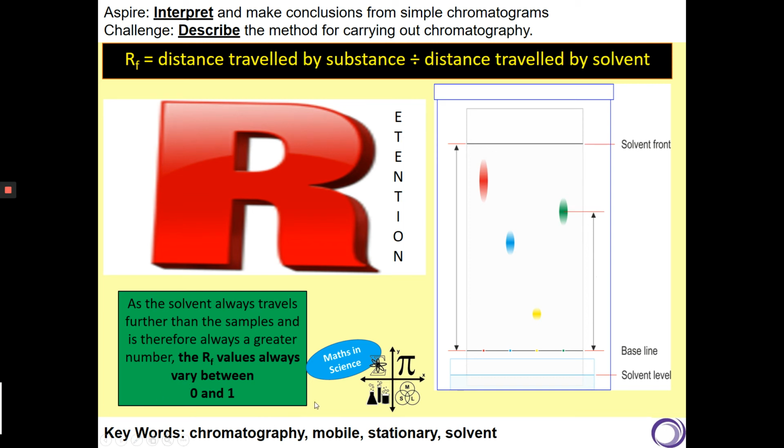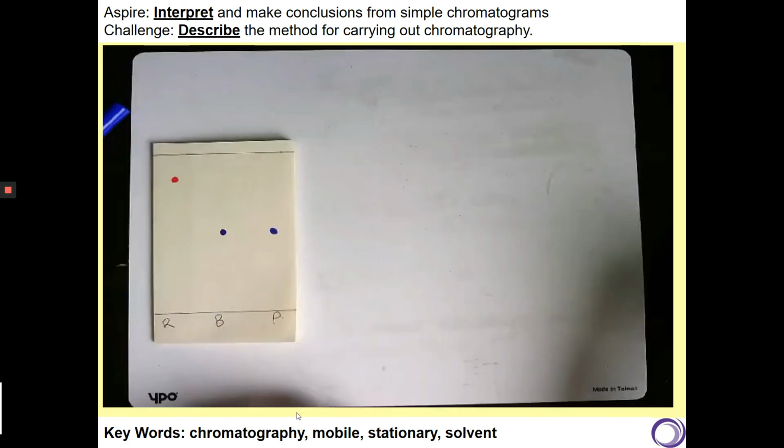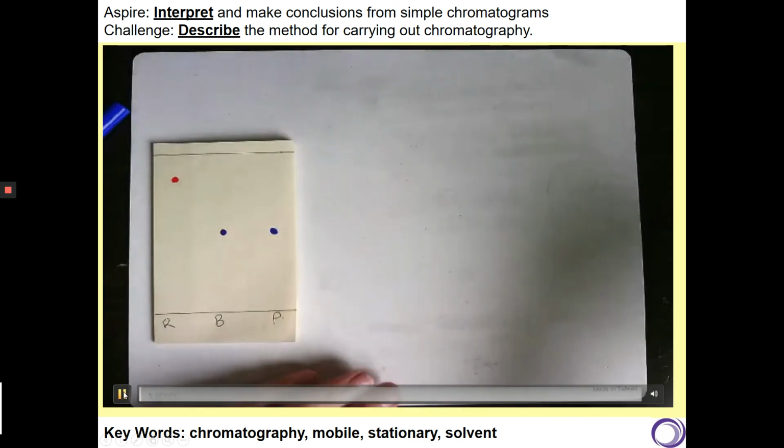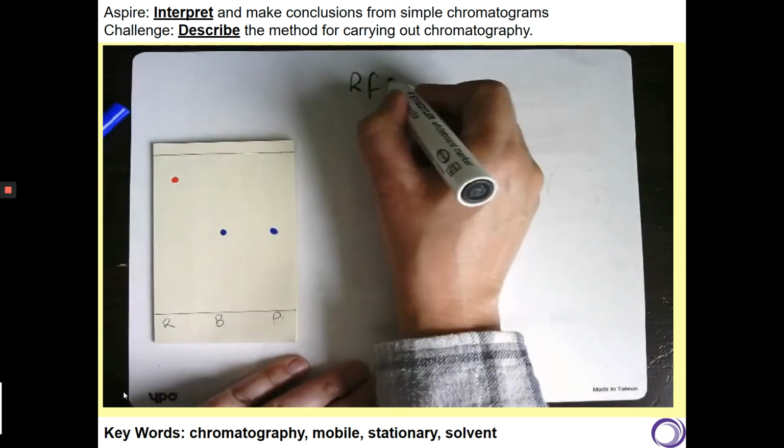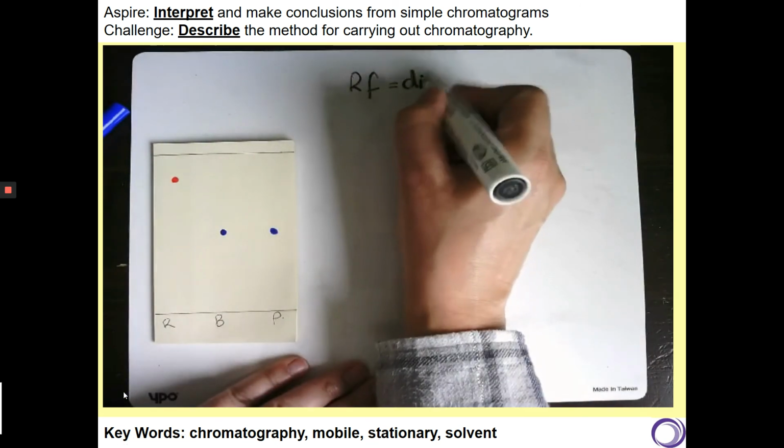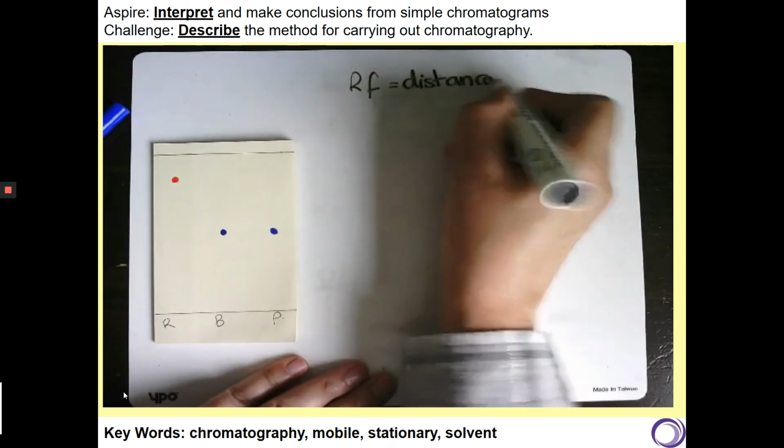Here's an example. So I've got my baseline, where they started, and where the solvent finished. Remember, we marked that as we finished, and also the distance travelled by the spot. Here I've just used a clearer version of the red, the blue, and the purple.